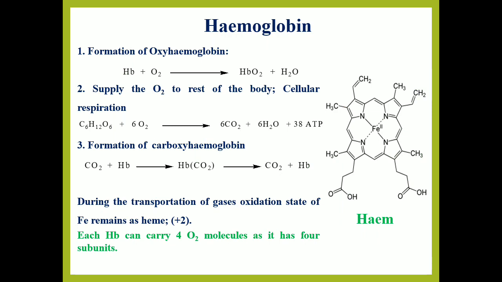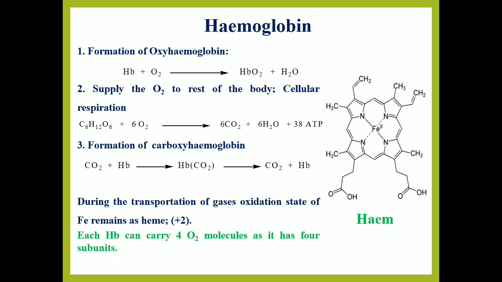Now we will see the mechanism of how hemoglobin helps in the transportation of gases. First, hemoglobin has a good binding nature with oxygen, so it reacts with oxygen and forms oxyhemoglobin. In place of the water molecule, oxygen can bind, so it releases the water molecule. In the next step, this oxyhemoglobin helps to supply this oxygen to the rest of the body.